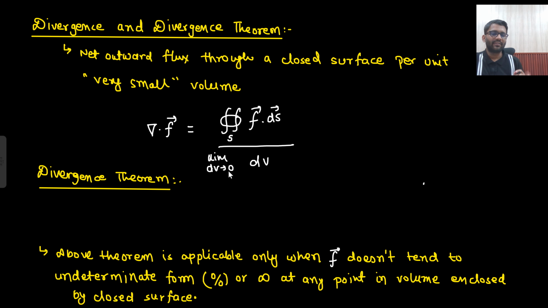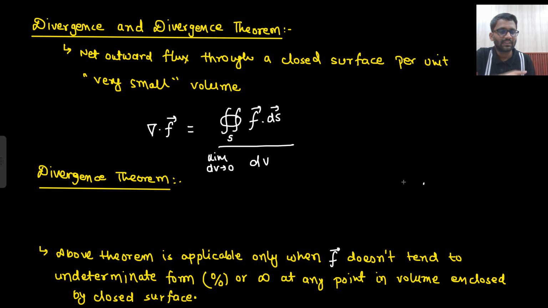This is how the divergence is given. Mark this point: closed surface. If you are talking about volume, then it has to be a closed surface.